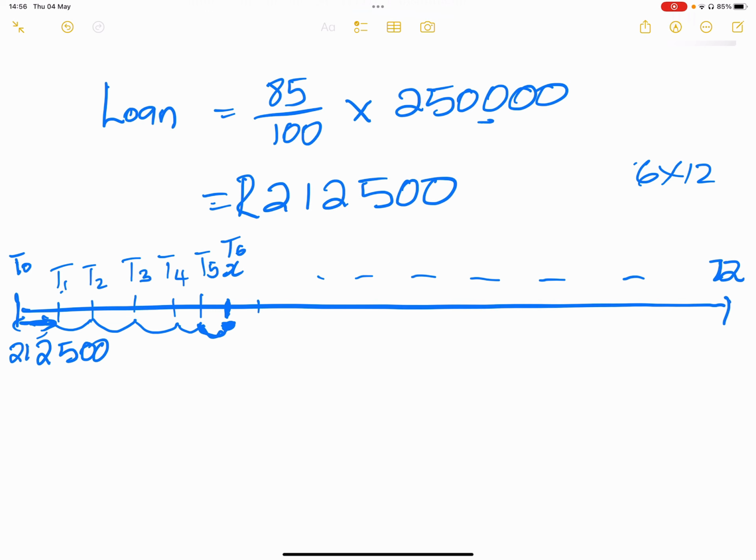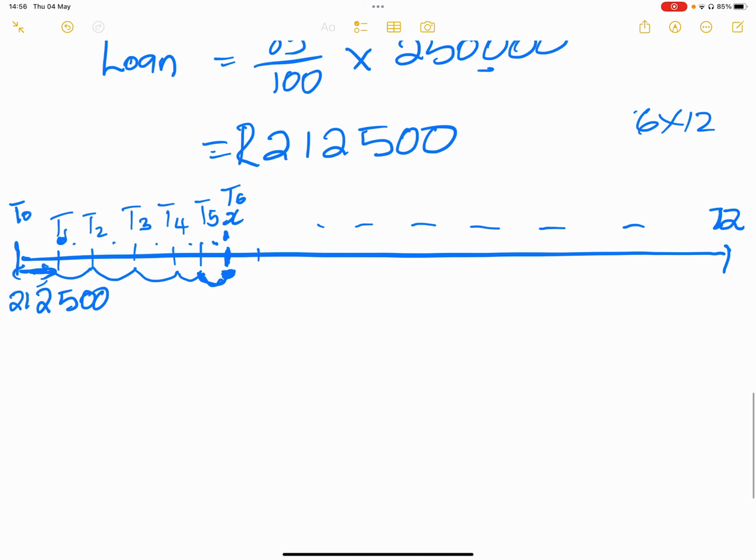So it will start accumulating interest, right, from this point here, right? So it will accumulate interest 1, 2, 3, 4, 5, and then Thabo starts paying off. Okay, right. So what I'm going to do is, remember, he hasn't started paying there. I want to find out what the amount will accumulate to within those 5 months, right?